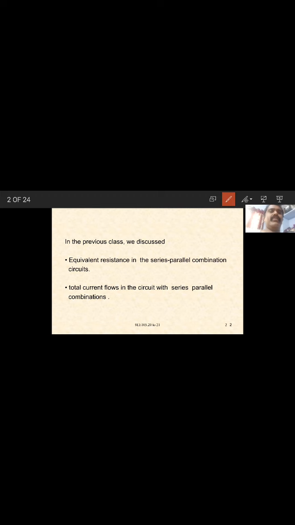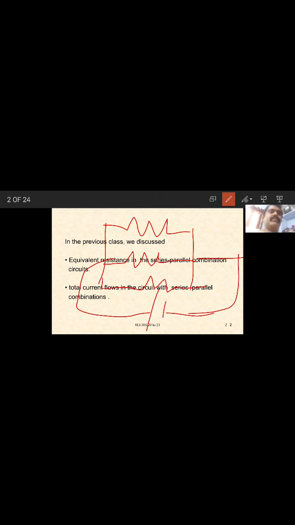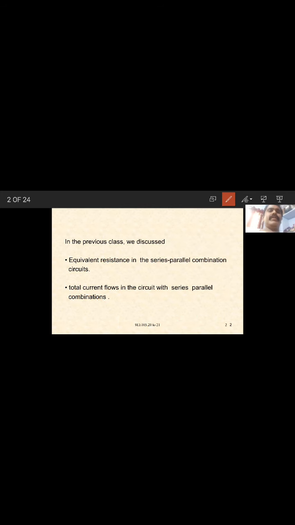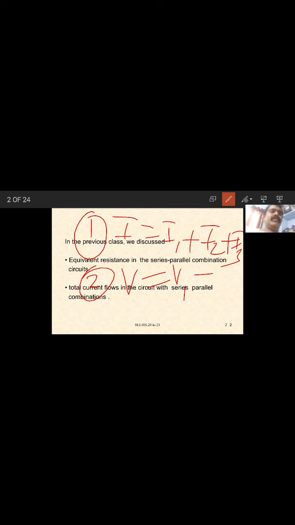In the case of a parallel circuit, two or more resistances are connected in parallel, where the voltage is applied across R1, R2 and R3. The condition in a parallel circuit is that the current is divided and the voltage remains the same, that is V is equal to V1 is equal to V2.